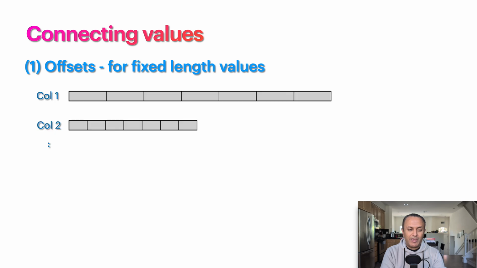So let's assume that we have these columns and they have fixed length values. What we can do is conceptually imagine that we have these offsets from the start of the column. So there is the value at the beginning of the column, the value that is 1 value into the column, 2 values into the column, 3 values, and so on. Of course, all the columns have the same number of values.